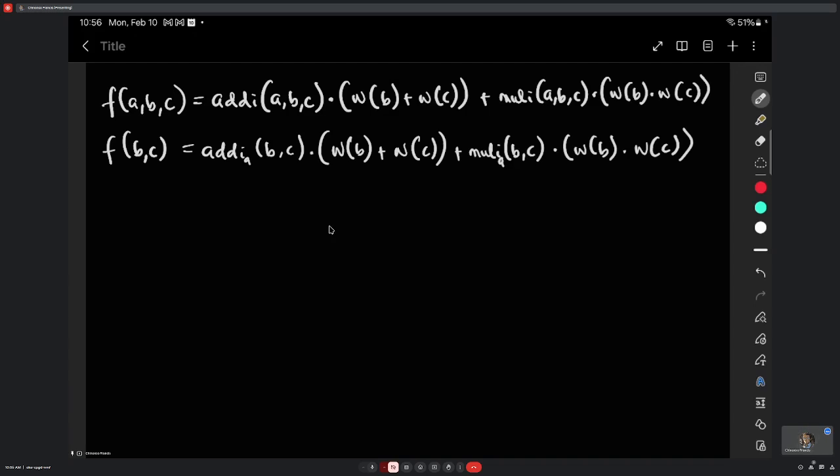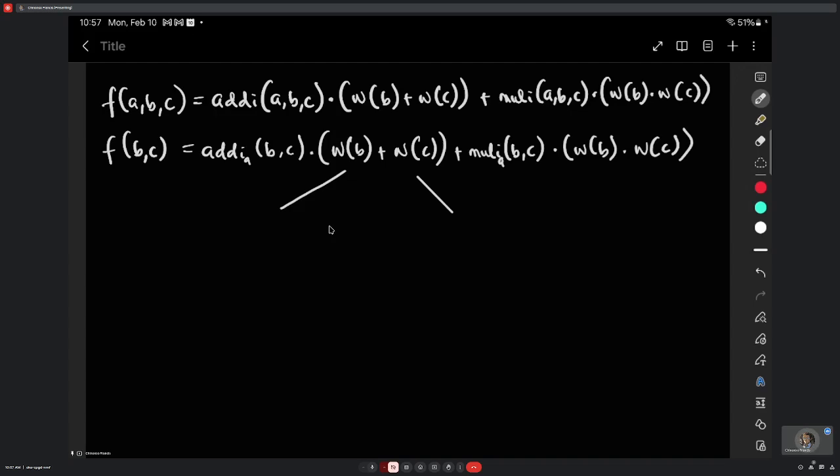Basically we have a random value for b and a random value for c, which breaks down to two new sum checks, for wb and for wc. Is it making sense?